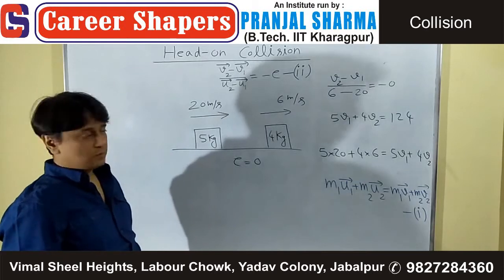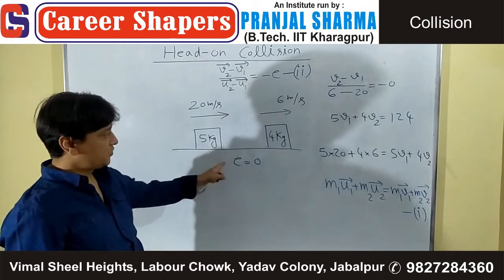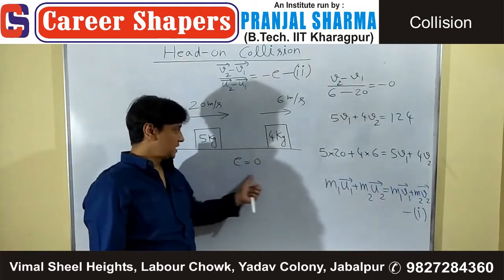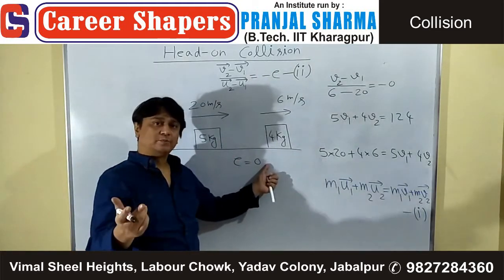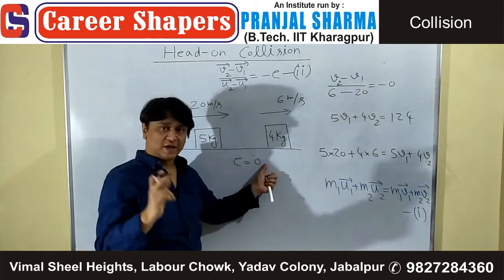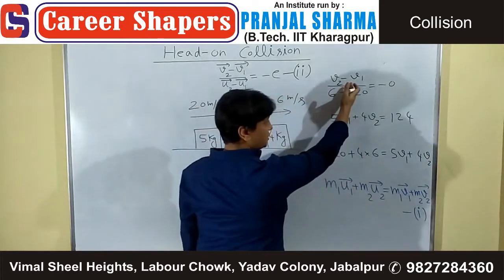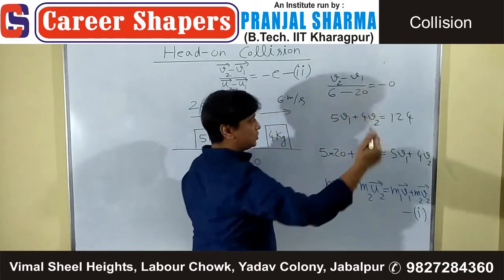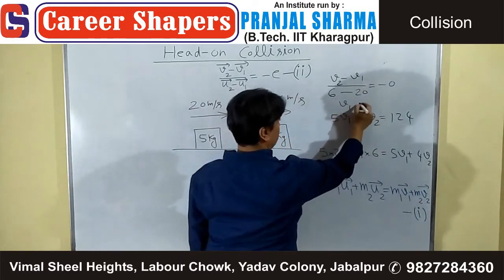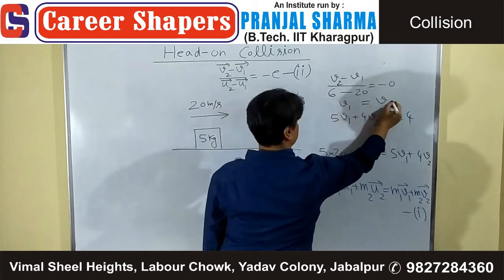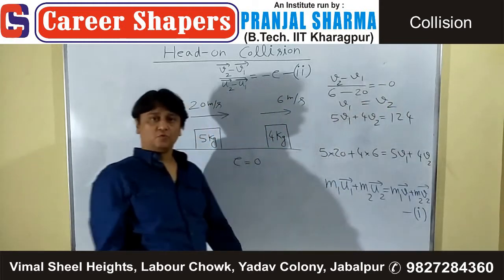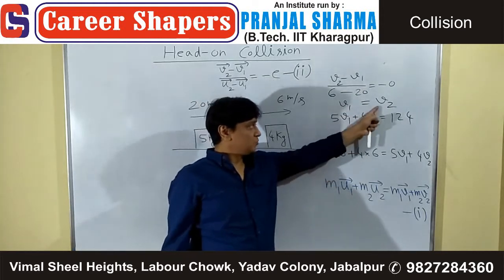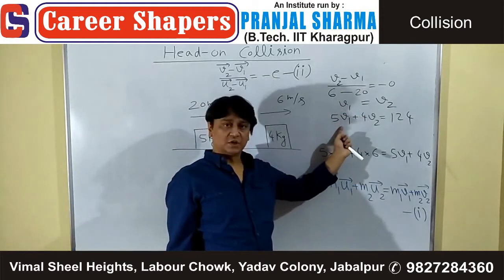If you remember, when we were discussing perfectly inelastic collisions, I told you that after a perfectly inelastic collision, both objects move together with the same velocity. That's what this equation gives us. Multiplied by 0, it gives V1 equals V2. V1 equals V2, put this in the other equation.